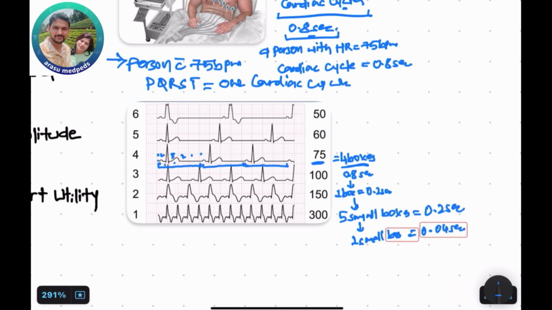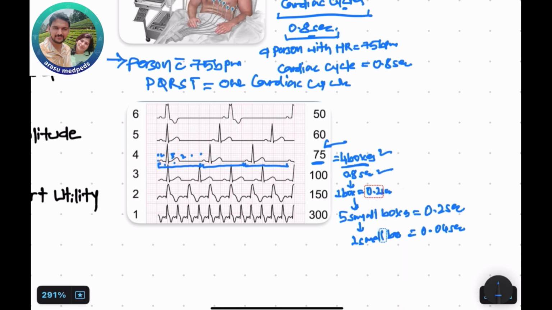So this is the overall thing they observed in a person who is considered physiologically normal, that is standard, with 75 beats per minute. In that person, one cardiac cycle containing PQRST was containing 4 boxes. So one cardiac cycle is 0.8 seconds.